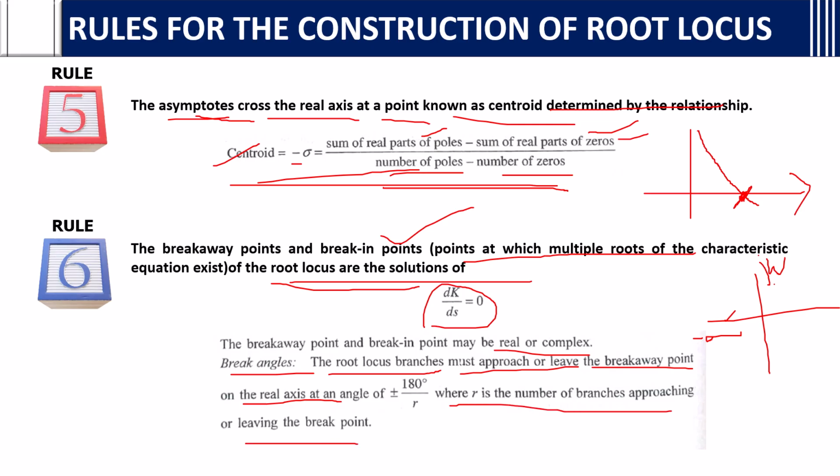Plus or minus 180 by r gives the branch angles.